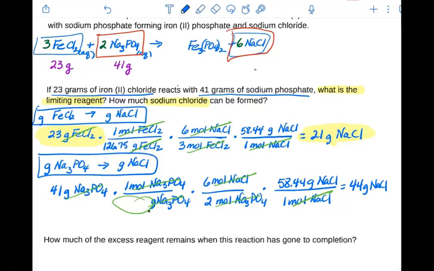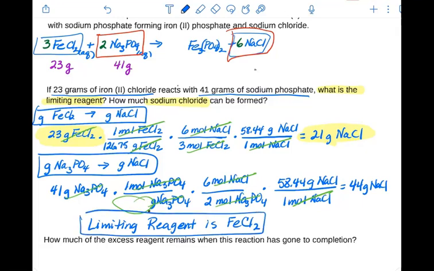So my limiting reactant or reagent, whichever one you want to call it, is iron chloride. Okay, so that is the answer.